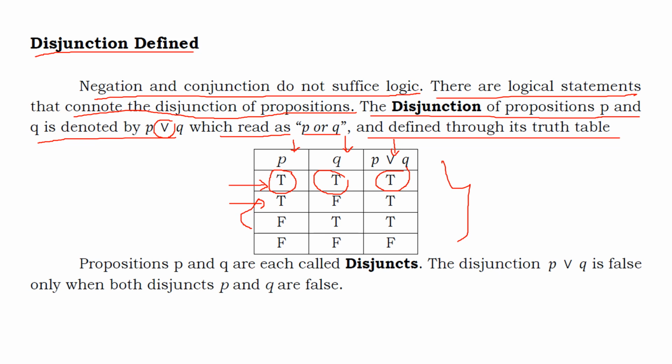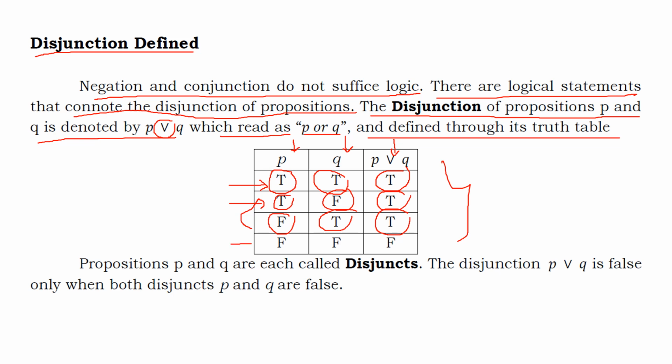As you can see from rows number 3 and 4, your P proposition is true, your Q proposition is false, and the disjunction of propositions P and Q now is true. Now, in your fourth row, it's the same thing. One of your propositions is false and one is true, and it's automatic that the disjunction of propositions P and Q is true.